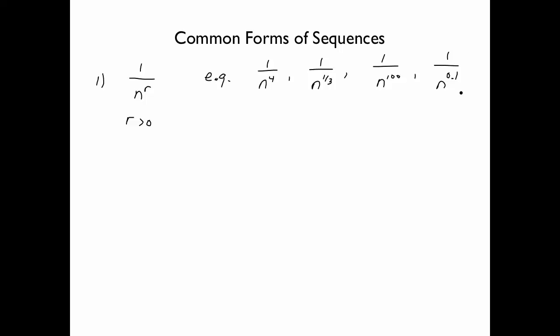These are all examples of 1 over n to the r. Okay, so when do these converge? For what values of r does 1 over n to the r converge?